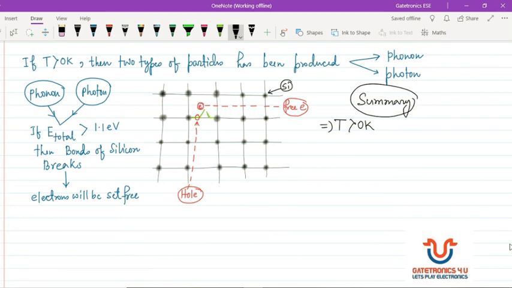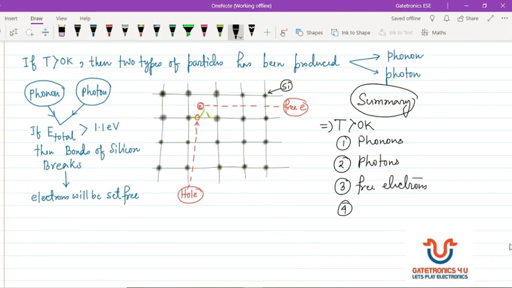The first one is the phonons, that is the atomic displacement or elastic wave, and next, due to the vibration of the atoms, photon particles will be created, and due to the interaction of phonon and photon and breaking of bonds, free electrons will be created, and in the place of free electrons, holes will be created.